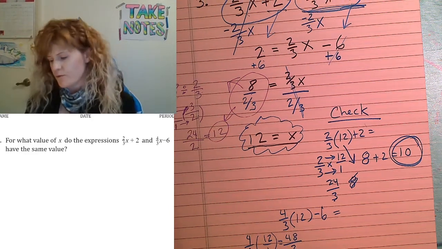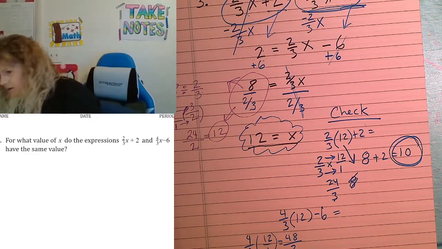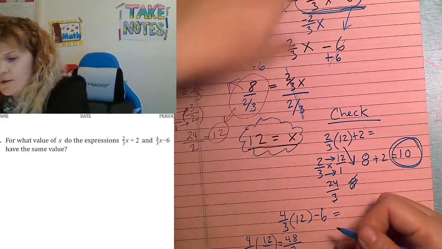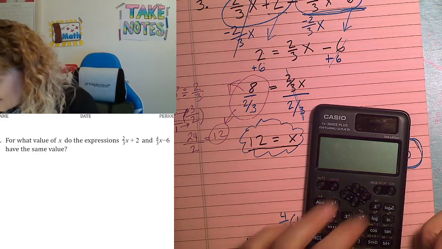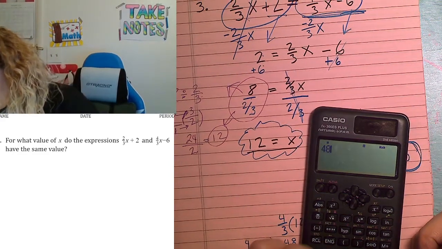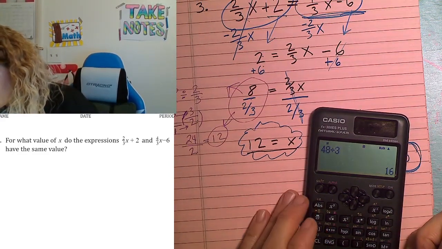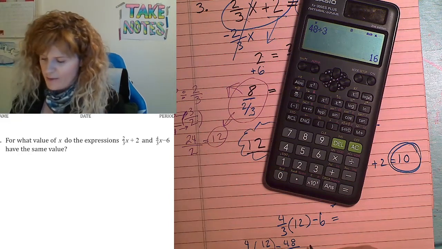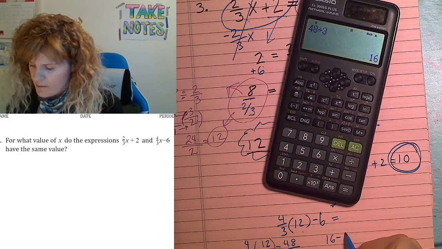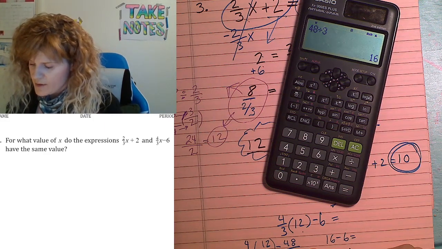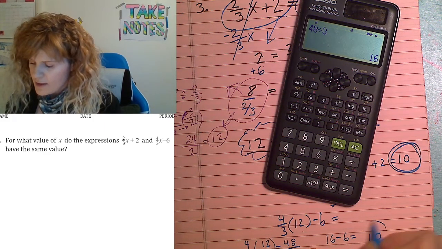Oh, I don't know 48 divided by 3. I need a calculator. I am too tired for hard stuff. 48 divided by 3, 16. I should have known that. Okay, so this part here is 16. I get 16 minus 6, and that equals 10.